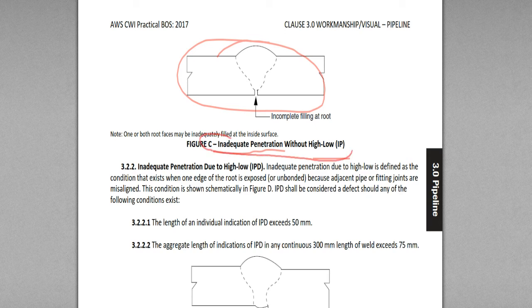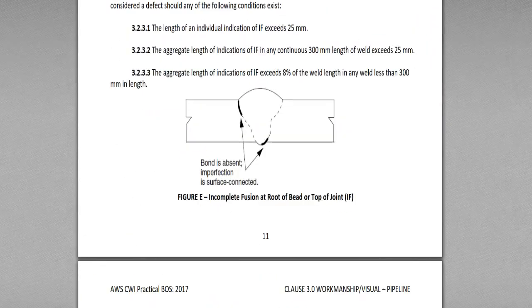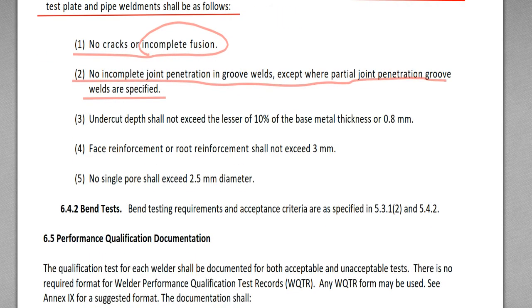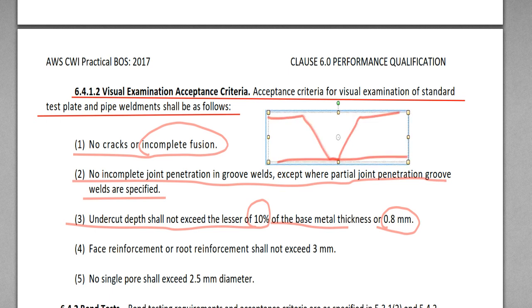So inadequate penetration here, and incomplete fusion is like this. The open area, the not filled area exposed to the surface. This is incomplete fusion. And undercut depth shall not exceed the lesser of 10% of the base metal thickness or 0.8 millimeter. So we have weldment and undercut, something like here.